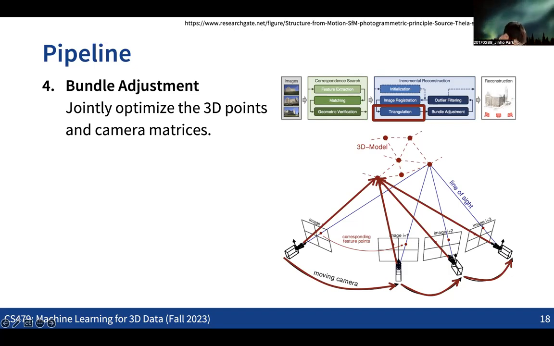Based on that, we get the relative camera pose information and shoot rays into the 3D space, getting some 3D output, and do a joint optimization of the 3D points and the camera matrices. This is the very high-level idea of the structure from motion pipeline. Any questions?